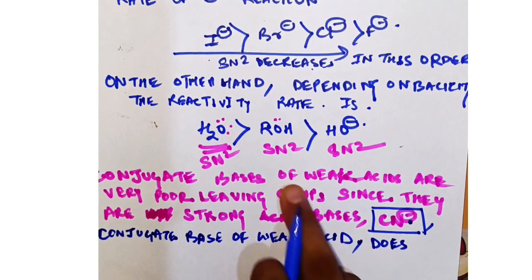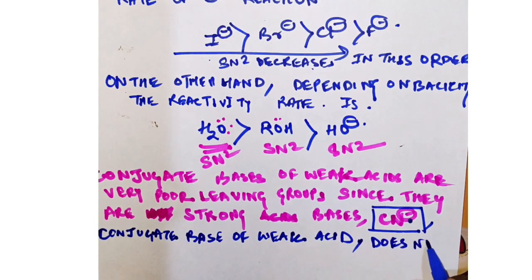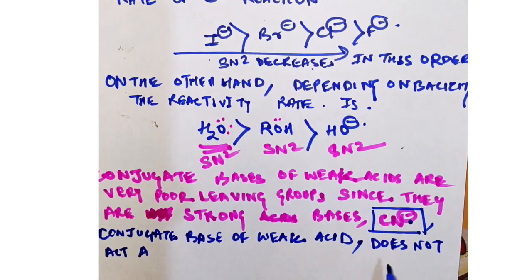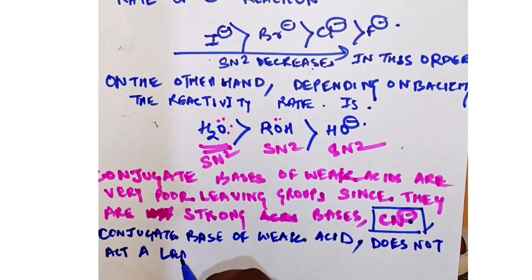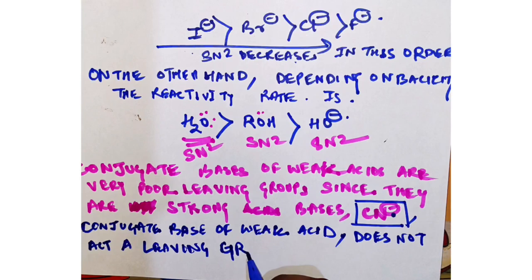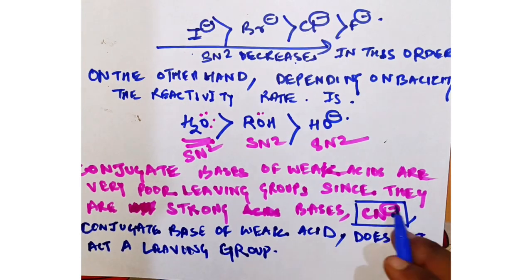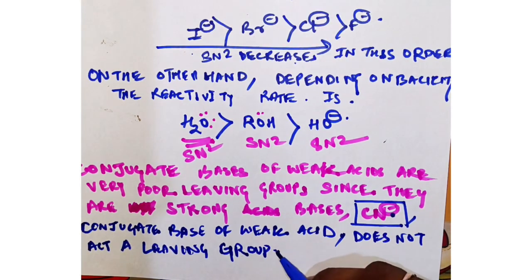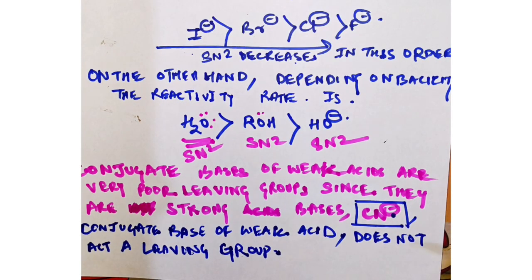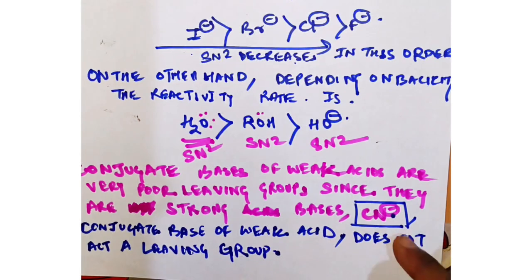This is the example of what I'm explaining. So these kinds of groups will not be leaving in nature. Hence, if this kind of group is there, the SN2 reaction rate will decrease, because if this is not going from the reaction medium, then how will the attack take place with the other nucleophile?